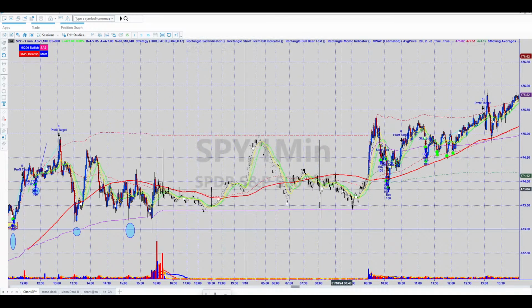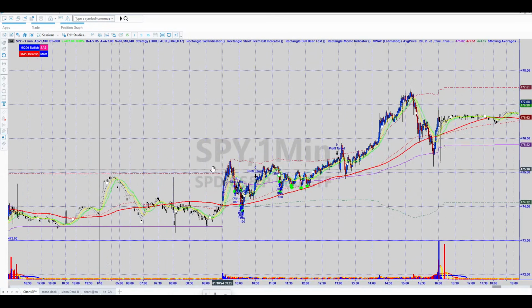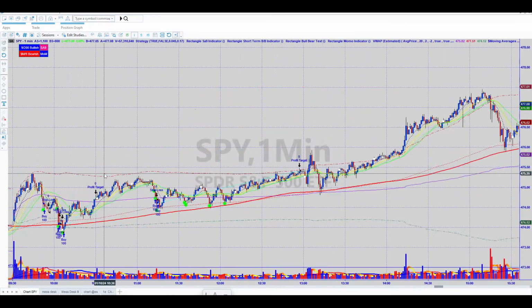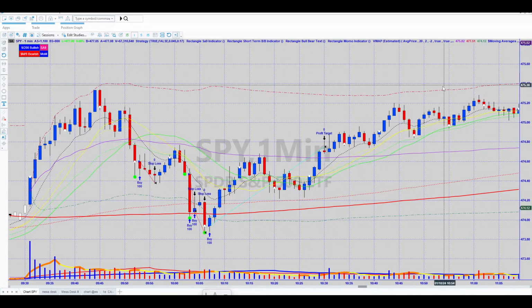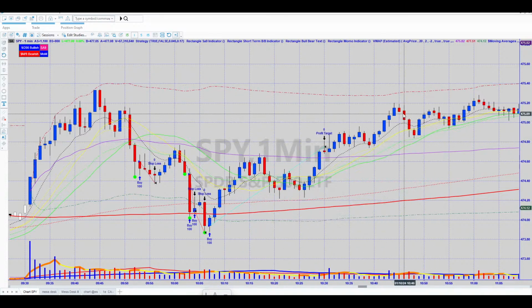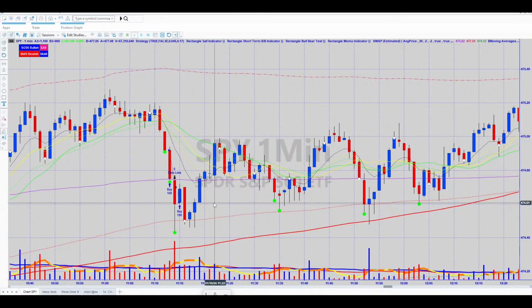I feel like that's something that we could figure out. So those were all after long bearish candles. I feel like those bearish candles are way too long. These candles would be better.